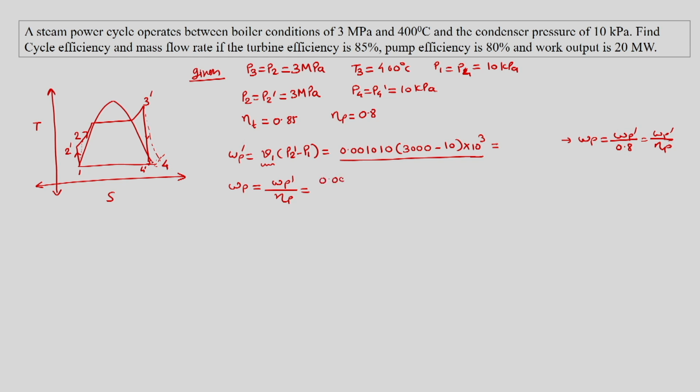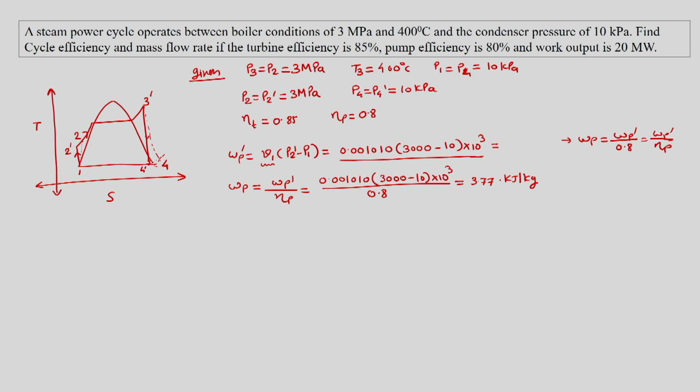So 0.001010 into (3000 minus 10) into 10 to the power 3, divided by 0.8. This gives us the real pump work, which turns out to be 3.77 kilojoule per kg.